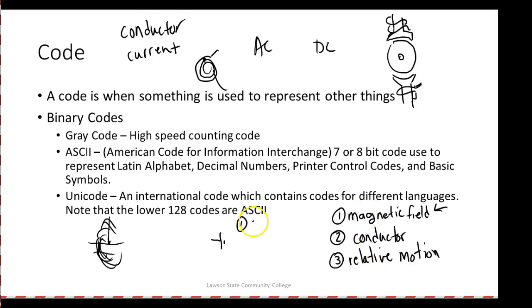Let's go 1, 2, 3. We're talking about EMF. We're not talking about current. So over here I put magnetic field first. What in relation to the magnetic field determines how much EMF you get? The strength of the field.